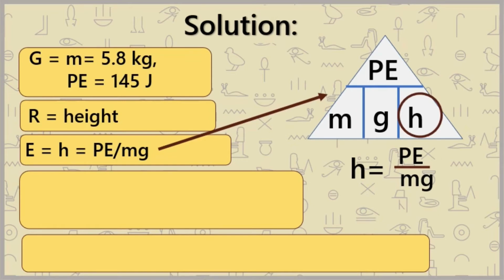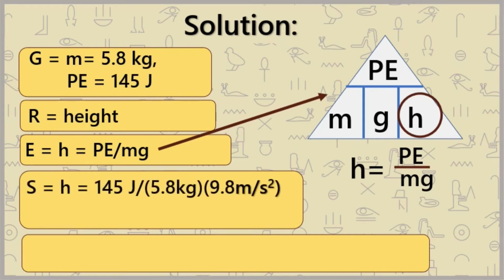Okay, so now let us have the solution. As you can see here, we just substitute the values: 145 joules for PE, and the value of mass, which is 5.8 kilogram, and also the 9.8 meter per second squared as the acceleration due to gravity.